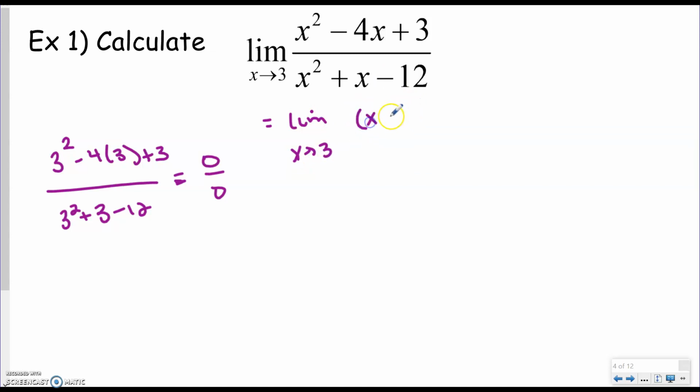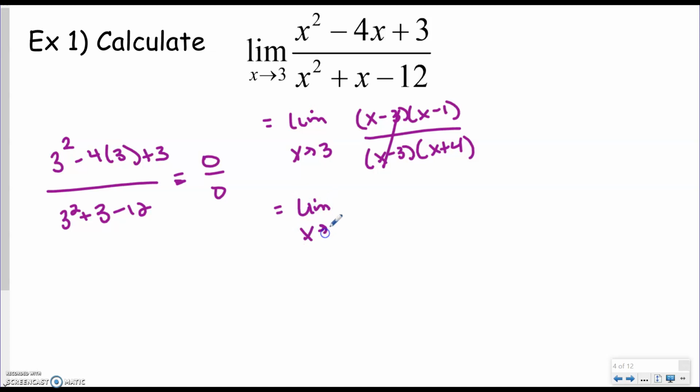So I'm going to rewrite the numerator as x minus 3 times x minus 1, and the denominator as x minus 3 times x plus 4. By doing that, I can simplify, cancel my x minus 3's, and then find the limit as x approaches 3 of x minus 1 divided by x plus 4. Now I can use substitution. 3 minus 1 over 3 plus 4 gives me 2/7. So my final answer here is 2/7.